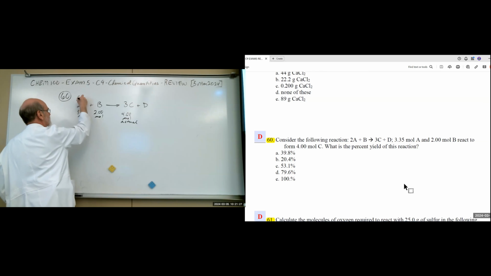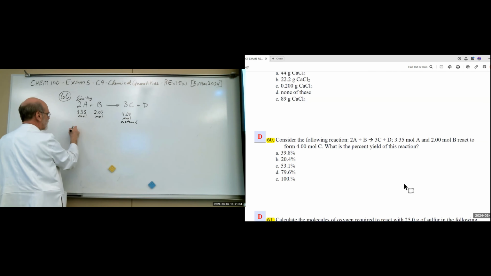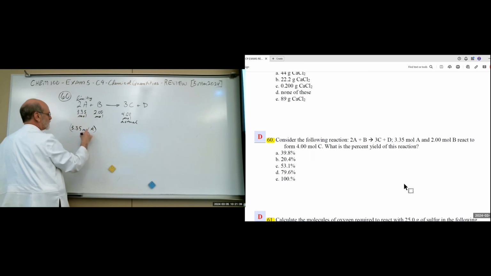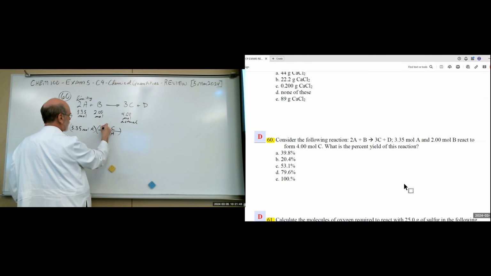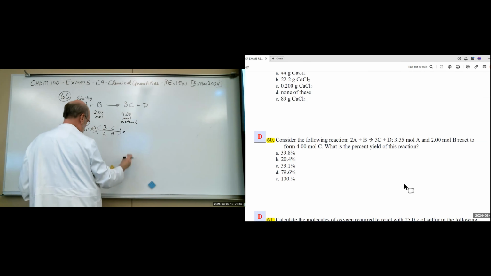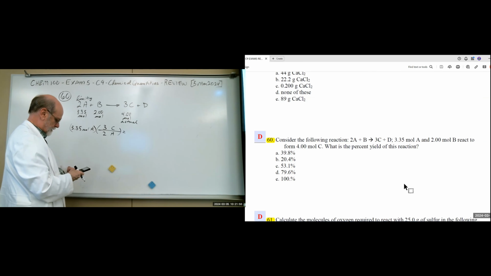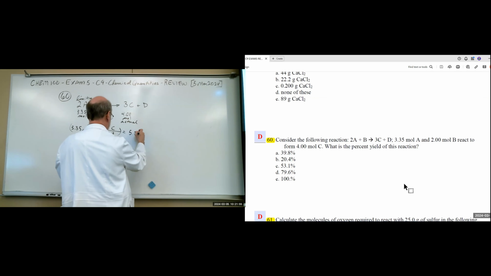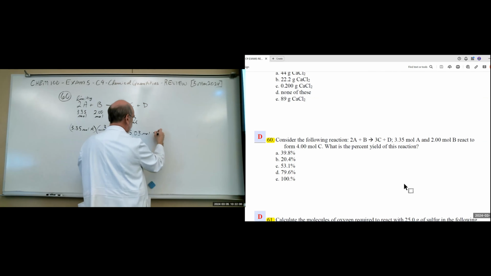That means this is limiting. There's not enough of it. So we're working from 3.35 moles of A. We're going to convert it to C, and the coefficients are 3 and 2. So 3/2 of 3.35 is 5.03 moles. And this is theoretical.